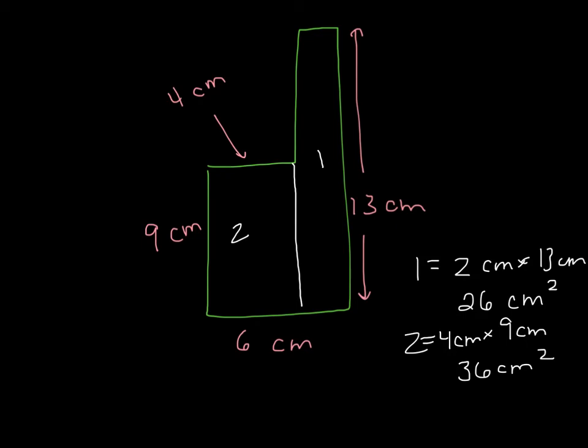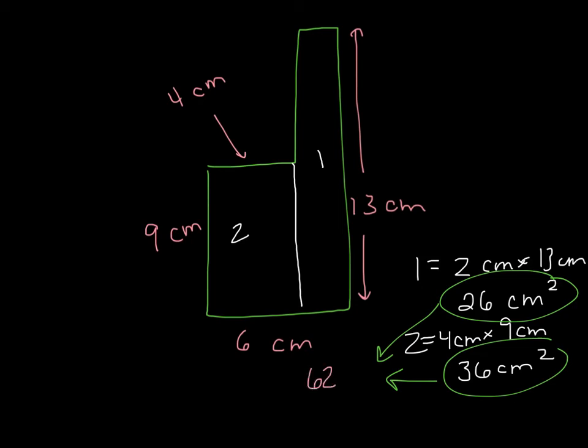Now when I take both of these amounts, the area of the two separate rectangles, and add them together, I come up with a total of 62 centimeters squared for this shape.